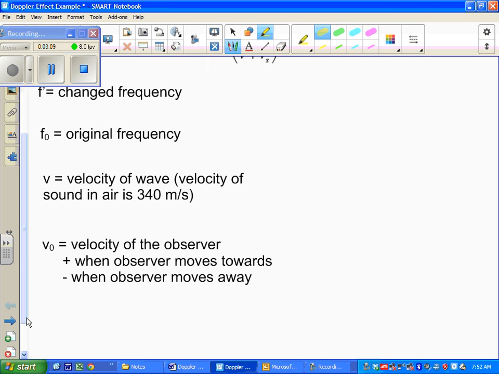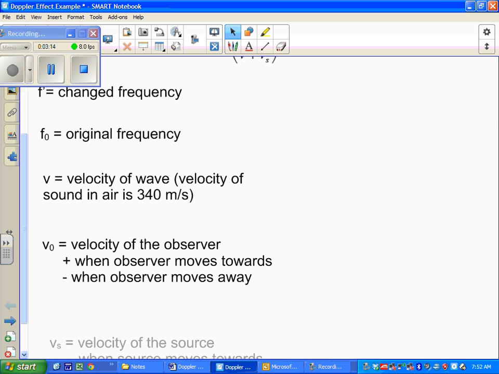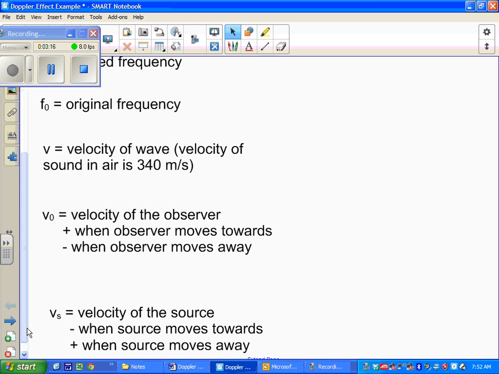And our last term is vs. vs is the velocity of the source, and it is negative if the source is moving towards the observer, and it is positive if the source is moving away from the observer.